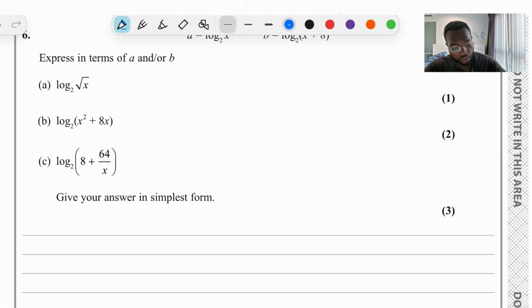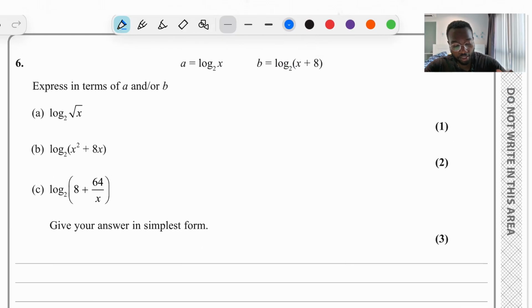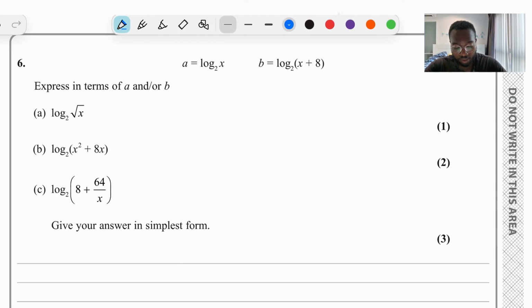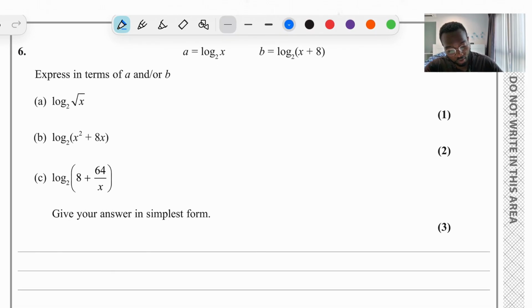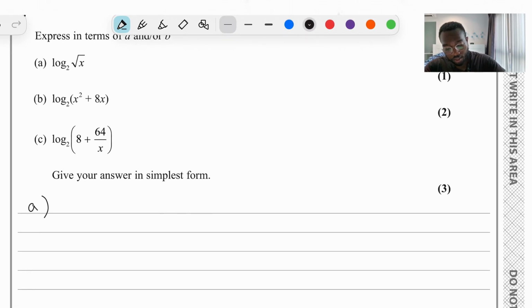First question on question 6, we are told that a is equal to log base 2 of x and b is equal to log base 2 of x plus 8. We need to express these terms in terms of a or b. So for the first one, log base 2 of the root of x, we can rewrite that as log base 2 of x to the power of 1/2, and then bring that half to the front.